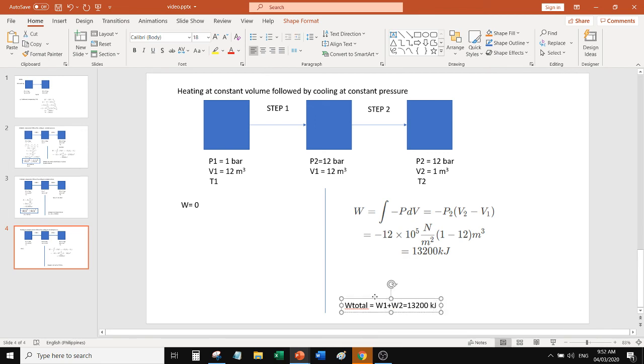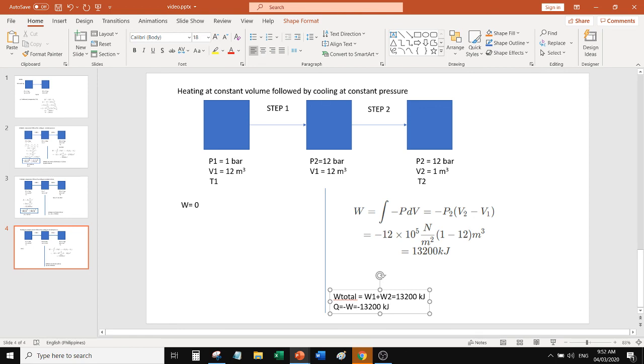Since state 1 and state 2 would have constant temperature, that means delta U is 0. So from state 1 to state 2, delta U is 0. Q is equal to negative W, equal to negative kilojoules.